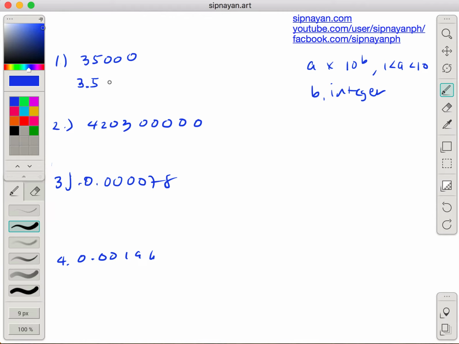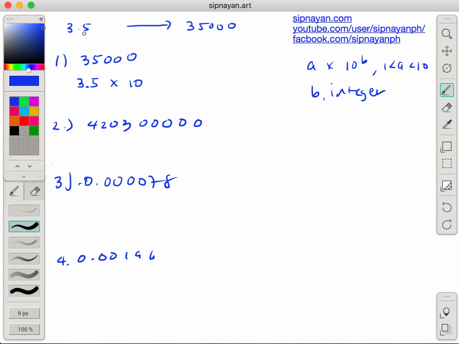And then times 10. Ano na ngayon yung value ng b? So, from 3.5, gagawin nating 35,000. Lumalaki yung number.